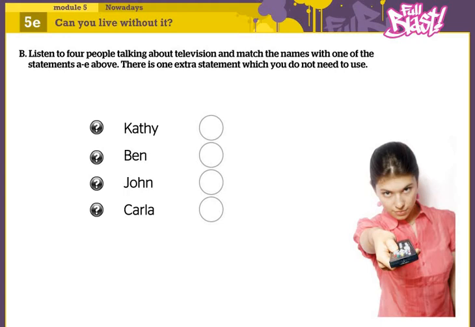So this is a way by which you can argue for your opinion about something. If you think it is bad, you can give its disadvantages. If you think it's good, you start giving its advantages, right? So this is one way to do it.